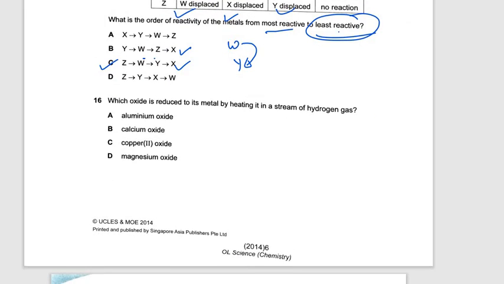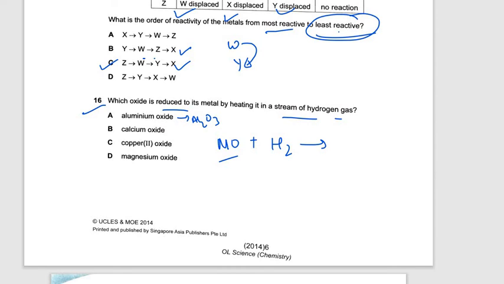Now question number 16, which oxide is reduced to its metal by heating in a stream of hydrogen gas? So you have hydrogen gas, you are putting one oxide here, and it is reduced. Now let's see. You have aluminum oxide. What is the formula? Write it down, Al2O3.